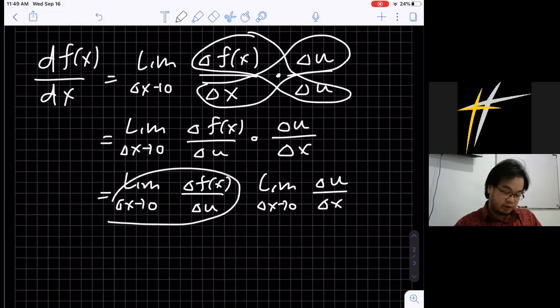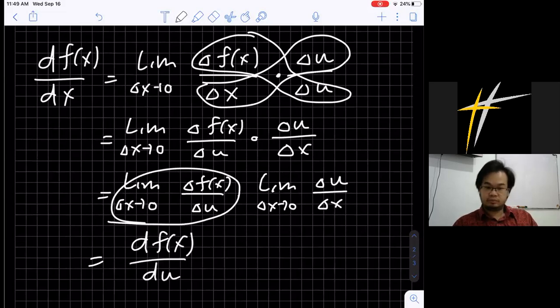So actually, what is this? This is equal to df/du.